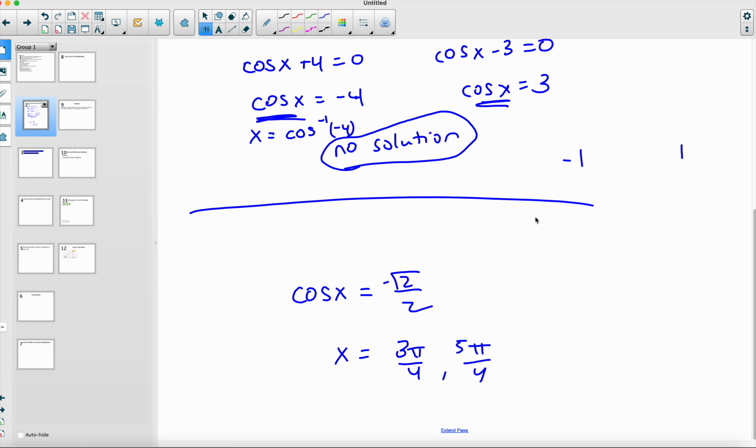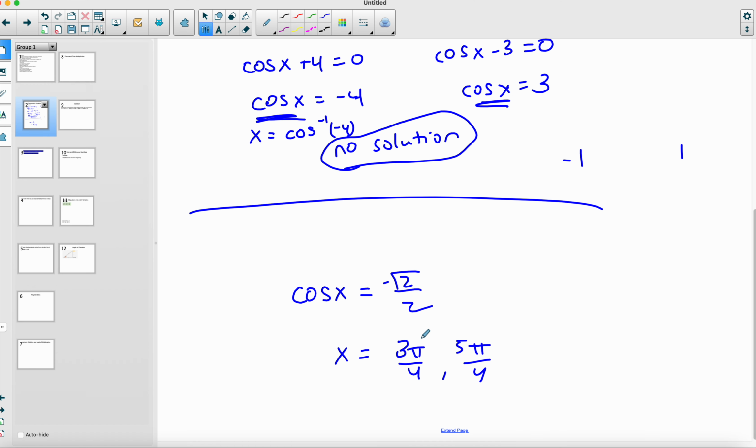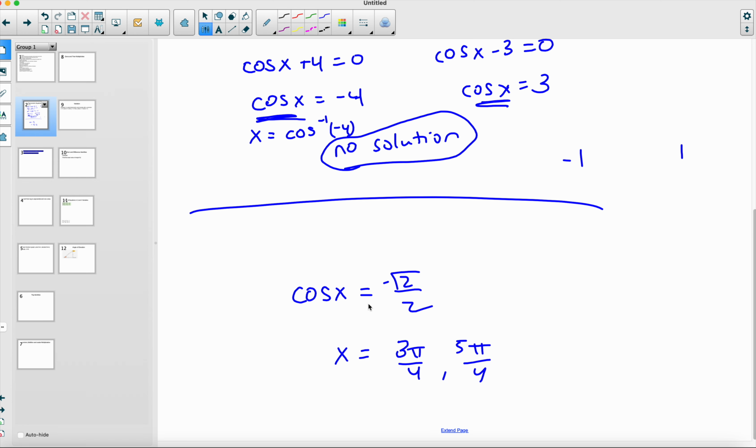This is just a separate example from that one, just to show you, if you're continuing to solve and you actually have solutions, how you are doing that. So this is in radians. If I were in degrees, it would be 135 degrees or 225 degrees. So, technically, solving trigonometric equations really comes down to understanding the unit circle. Typically, you guys won't see anything outside of that. Do we have situations that are?